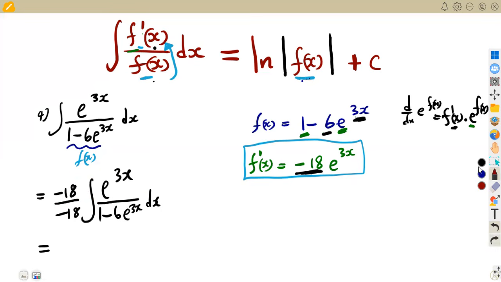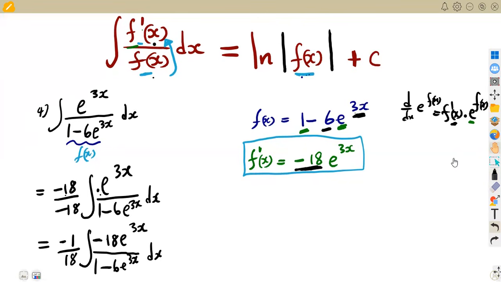And the moment we do this, we are going to remain with -1 over 18 into -18 taken inside. So it will be -18 e to the exponent of 3x like this, everything over 1 minus 6 e to the exponent of 3x with respect to x.